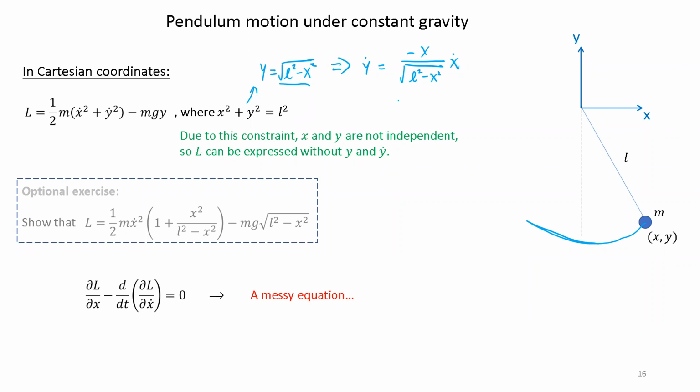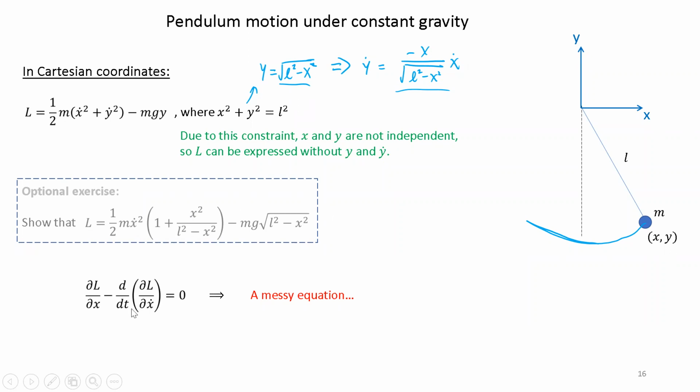If you substitute these into the Lagrangian, you can show that the Lagrangian has this form, everything just in terms of x, no y anymore.